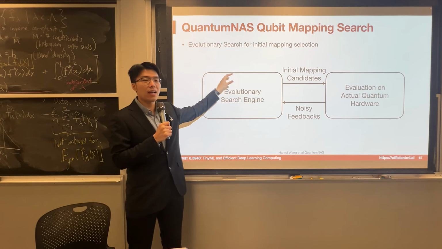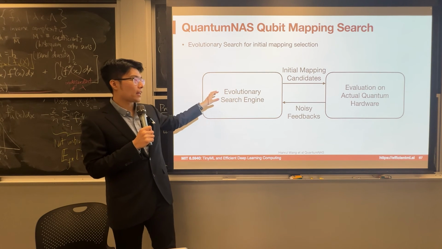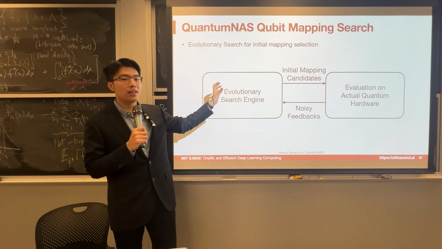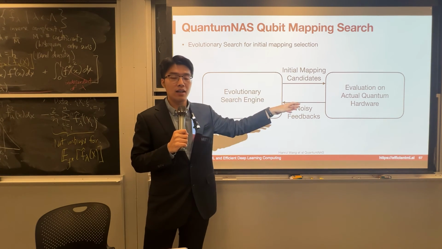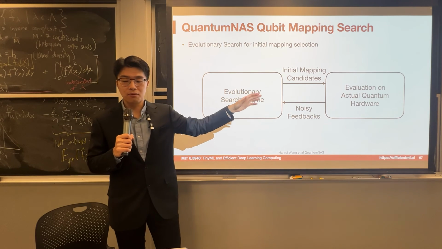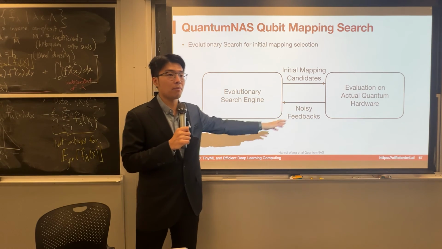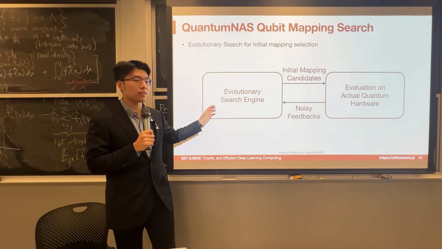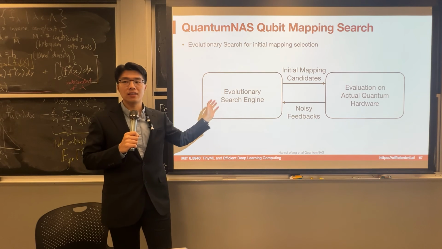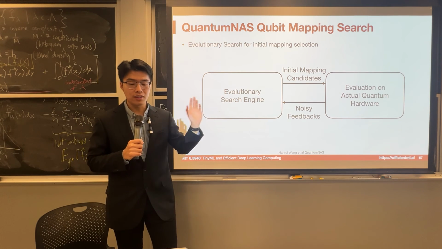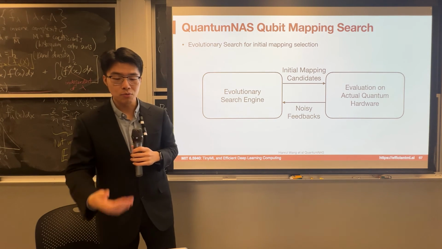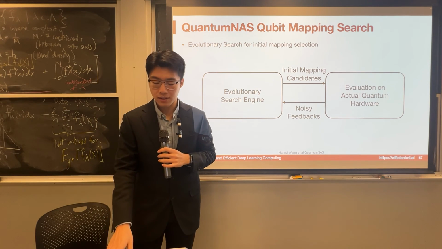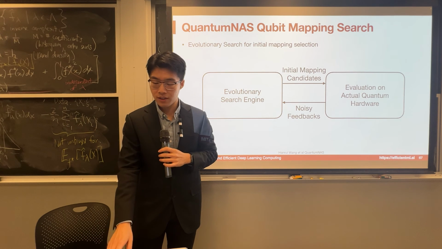We have a search engine to generate the mapping candidates and to evaluate them on the actual quantum hardware, right? And then we can obtain this noisy feedback to know which mapping is good or not, and then update the candidates inside the search engine. That is what part of the QuantumNAS work is trying to solve.